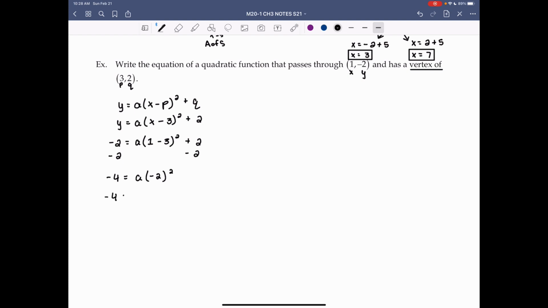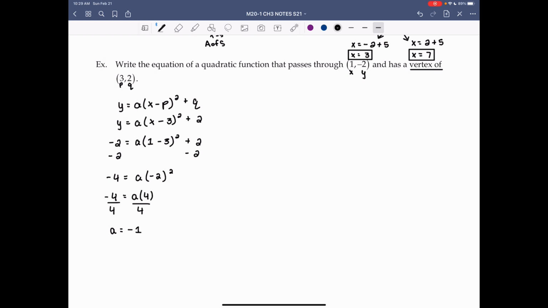Negative 4 equals a times, negative 2 squared is positive 4. And then I can divide both sides by that positive 4 to move it over and get a by itself. And I get a equals negative 4 divided by positive 4, which is negative 1. If you need to use your calculator for that, that's fine. Just use your calculator so you get the right answer.